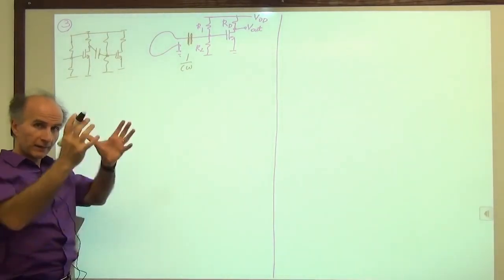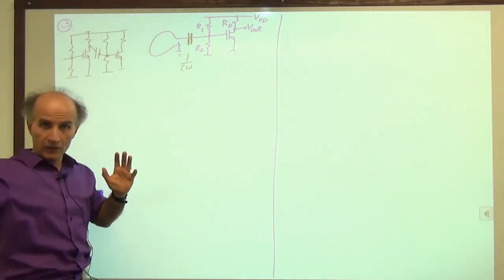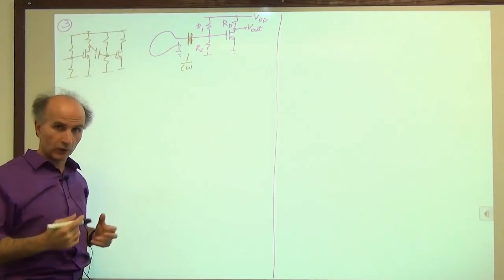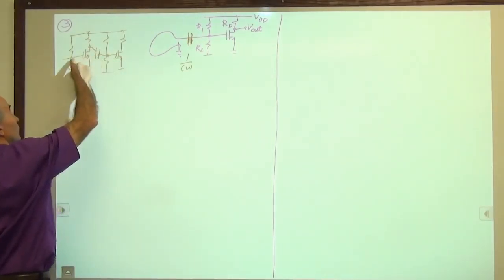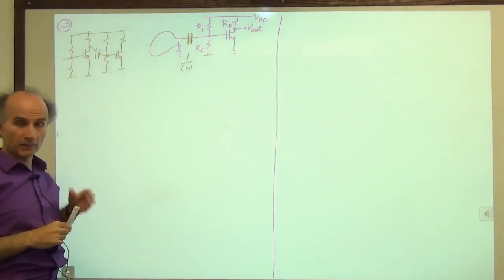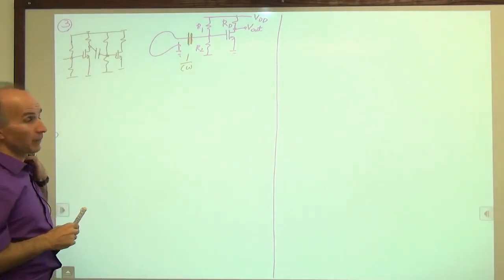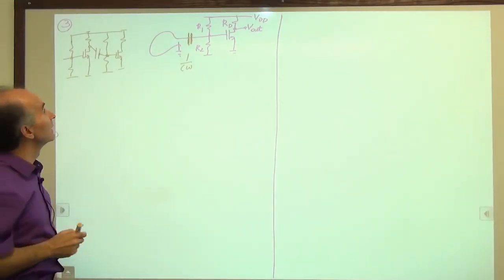So anytime we have a stage and we want to connect it to the outside world, to another stage here, another stage here, we have to worry about that. We have to worry about where it's connected at the output. We have to worry about where it's connected at the input. All of these matter in terms of biasing. If the bias is incorrect, of course the circuit will not work very well.